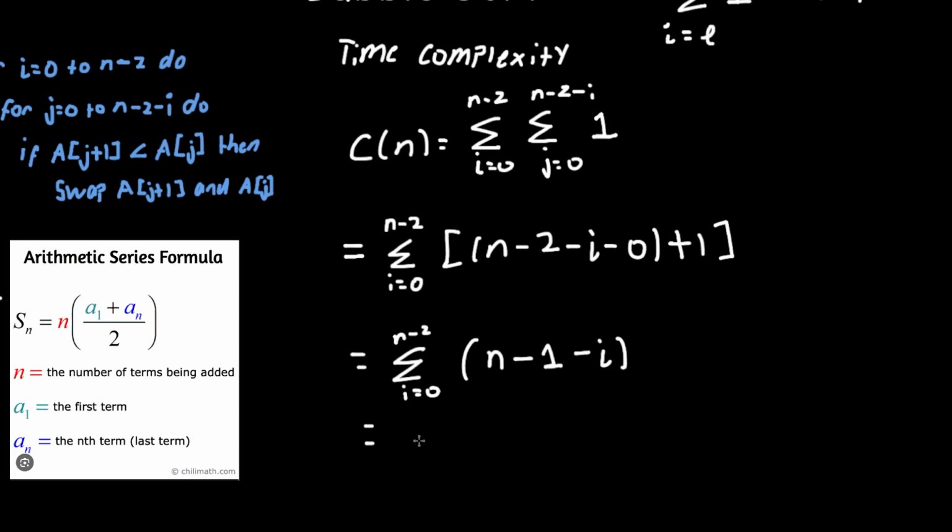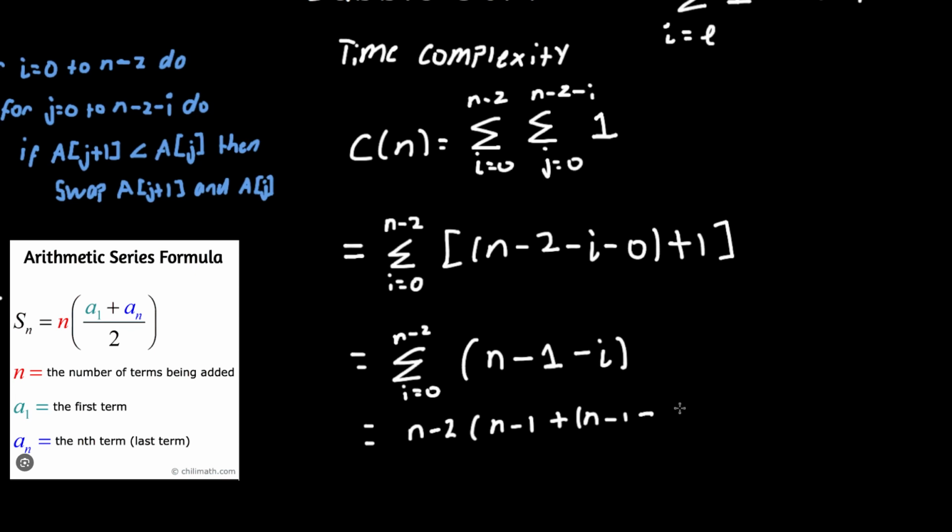This is equal to, our n is over here, n minus 2. So n minus 2 over 2, times the first term, which is 0. If we substitute in 0, it would be n minus 1, plus the second term, if we substitute n minus 2, it would be n minus 1 minus n minus 2, also in the bracket.